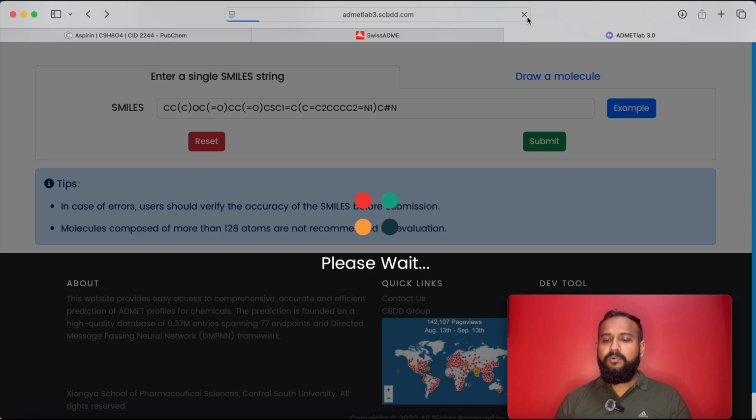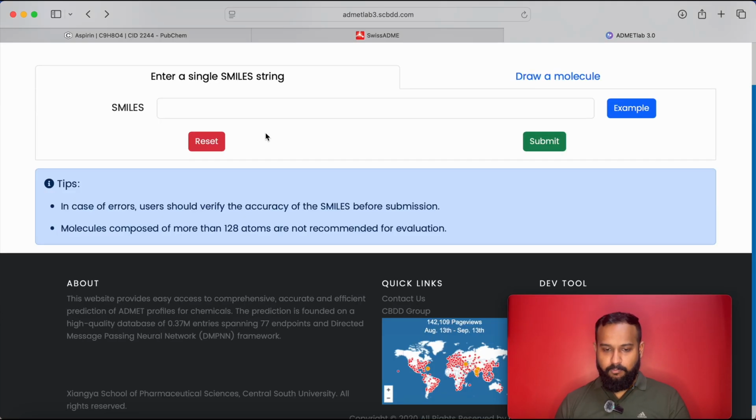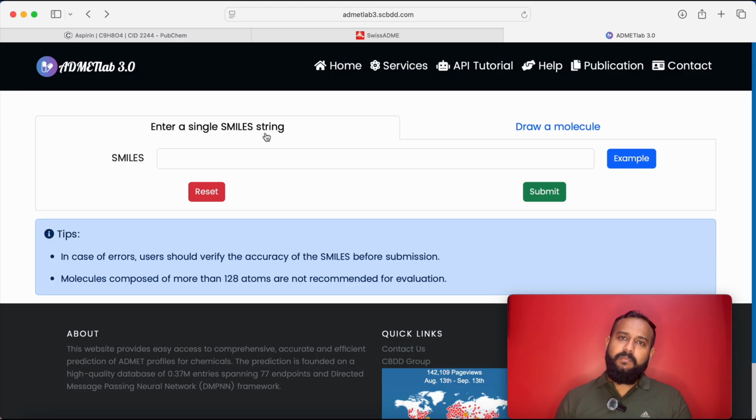Apart from that, one more thing is there. If you are using any of the browsers like Chrome or Safari or Mozilla Firefox, in some of the browsers you might get a warning while opening ADMETlab regarding privacy issues. Sometimes the privacy policy is not updated, so nothing to be worried about.